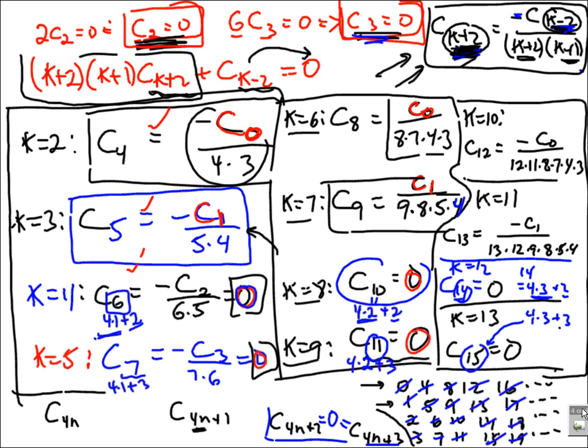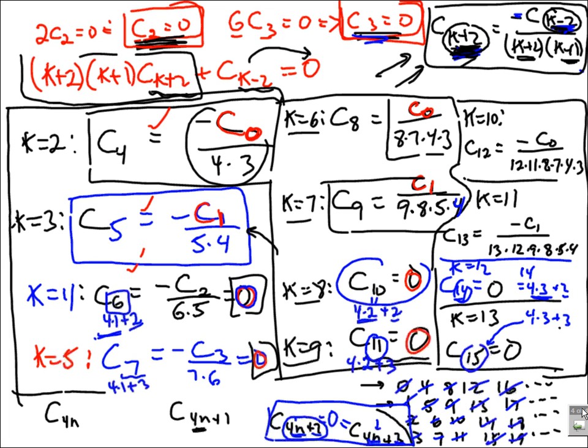These two terms are always going to be 0, no matter what n is. If n is 10, 40 plus 2, 42, c sub 42 will be 0. If n is 11, 4 times 11 is 44, plus 3 more is 47.